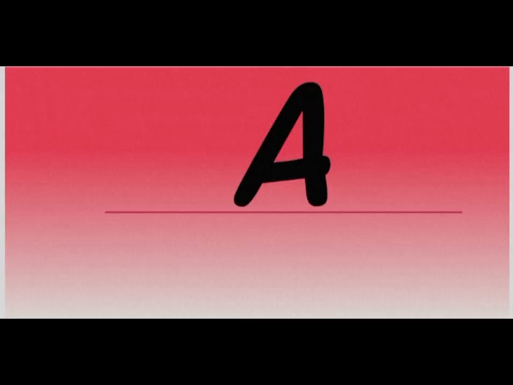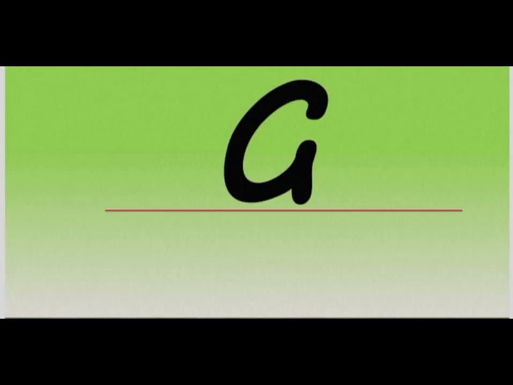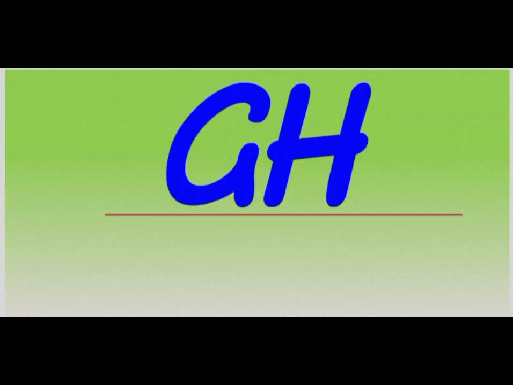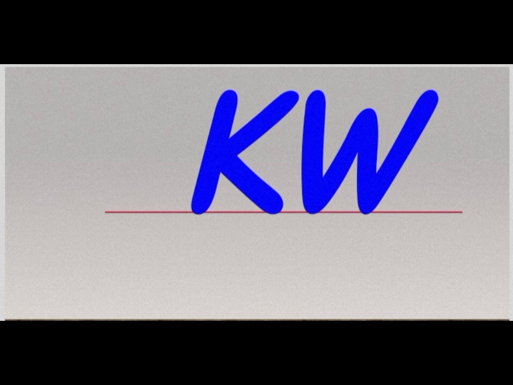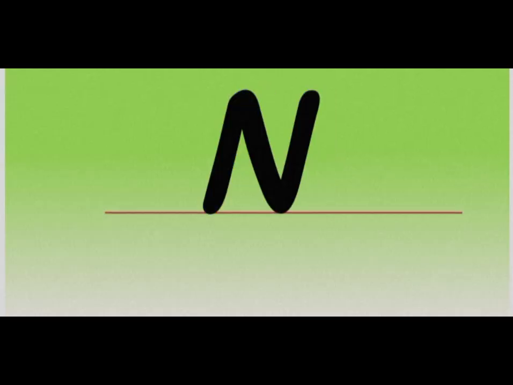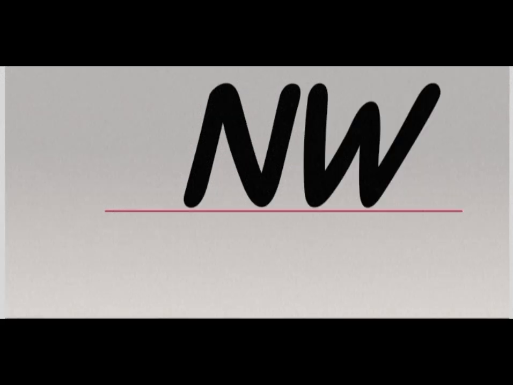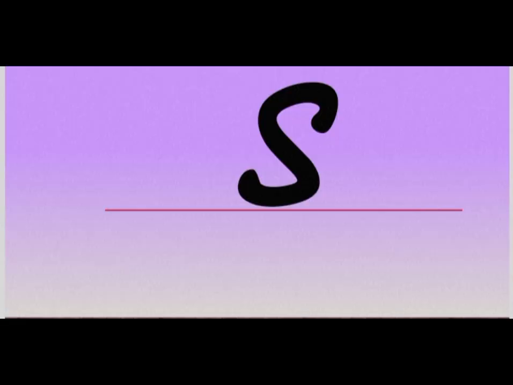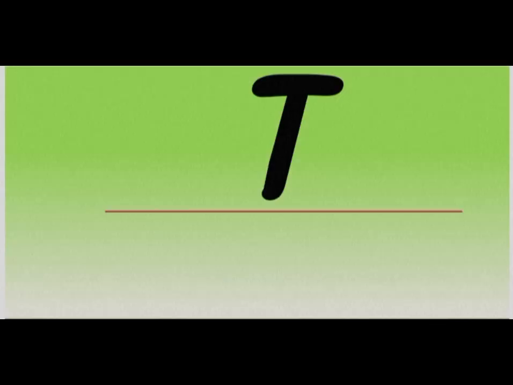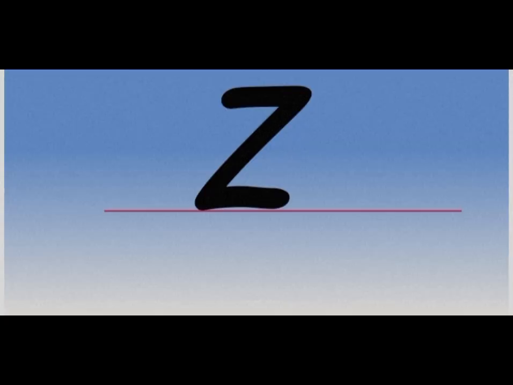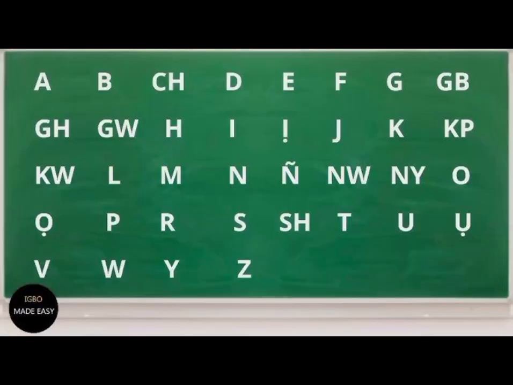Ha bụ A, B, Chi, D, E, F, G, B, R, Gwi, Hi, I, Ji, Ki, Pi, Kwe, Le, Mi, Ni, Nge, Mwe, Nyi, O, Pi, Re, Si, Shi, Ti, U, Vi, Wi, Ye, Z. So these are the 36 Igbo alphabet, and 36 in Igbo is iri atọ na isii.